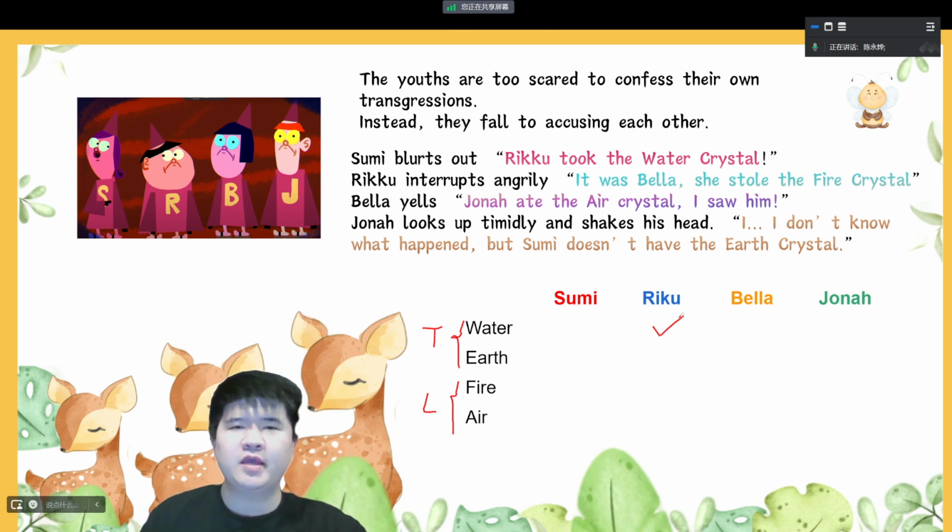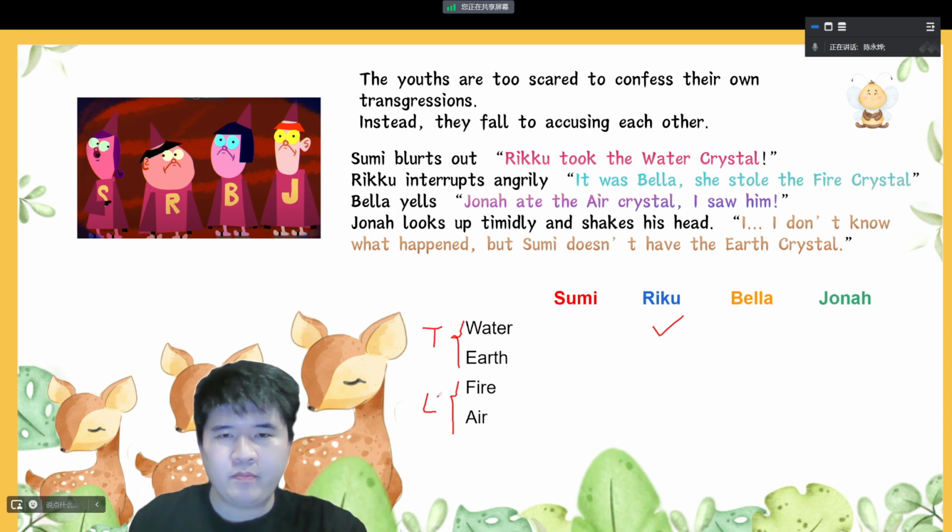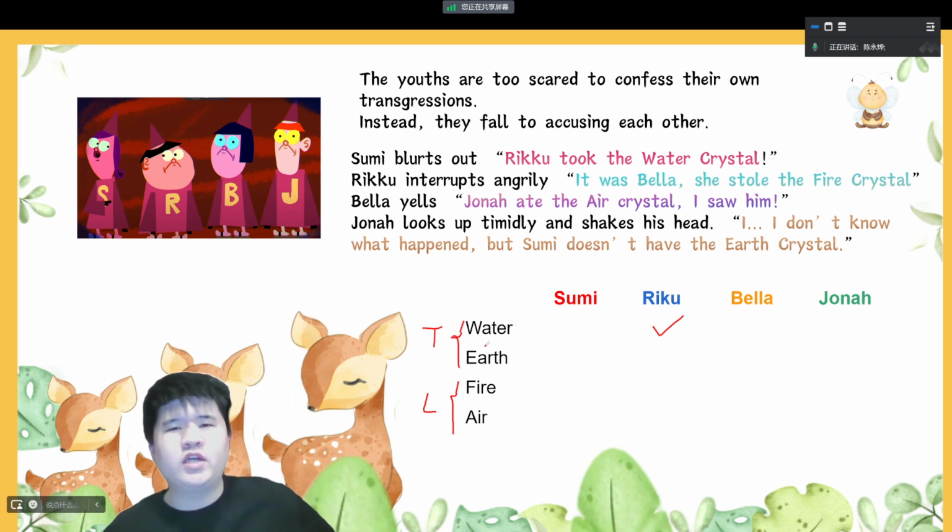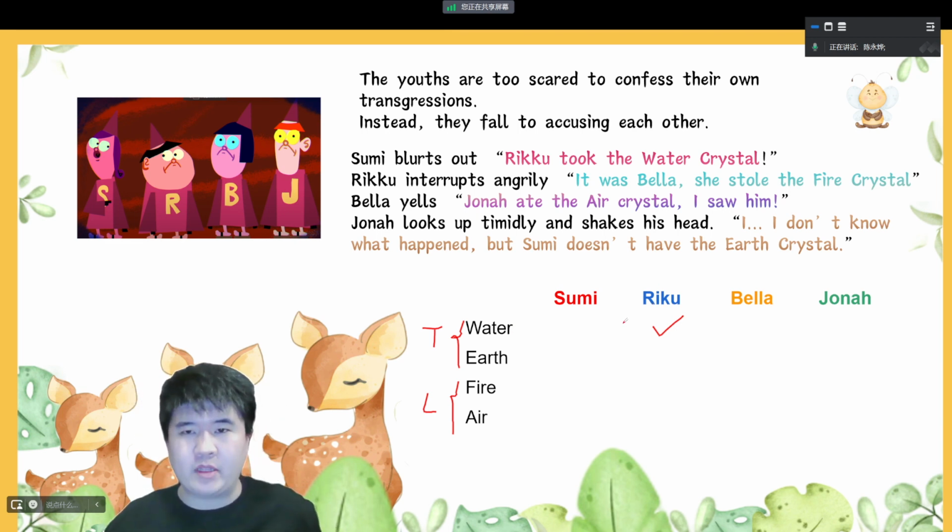That means Riku will tell the truth. And since we assume Sumi tells the truth, she must have a crystal from water or earth, and water has already been taken by Riku. So Sumi must be the earth crystal.